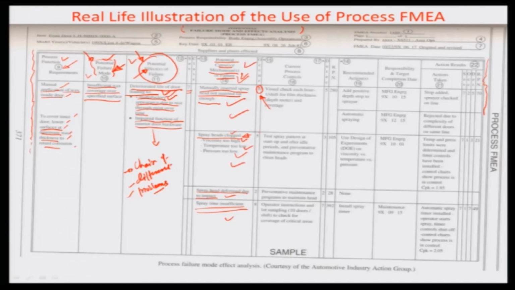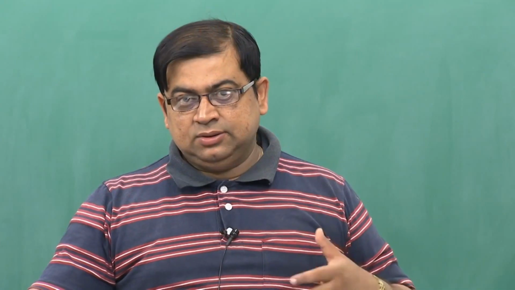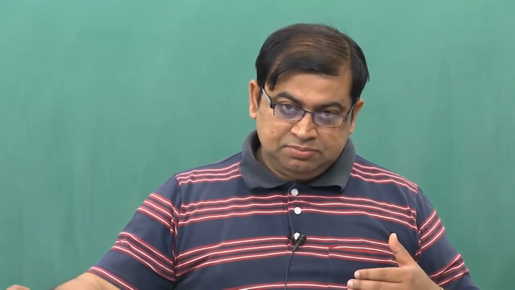Similarly, it's about 50% of the times it is basically the spray head clogged because of the viscosity of the wax being too high, or the temperature too low, or the pressure too low. The pressures and temperatures, obviously, let's look back into this wax dispensing system. The wax has to be melted to a certain level so that you have a viscosity low enough so that flowability can increase.